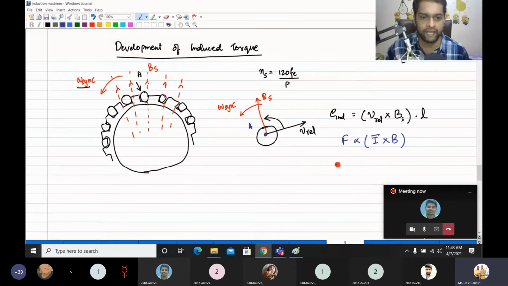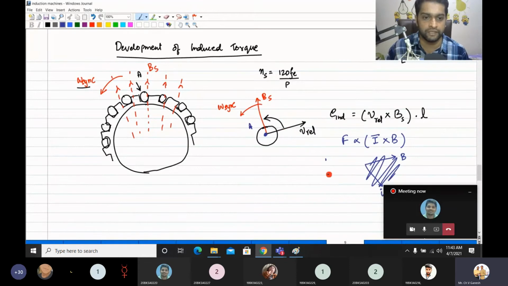So let's draw it in a three-dimensional type. So this is I, and this is B. The force is I cross B. This I is coming outside, towards you, and this B is in the upward direction, right?